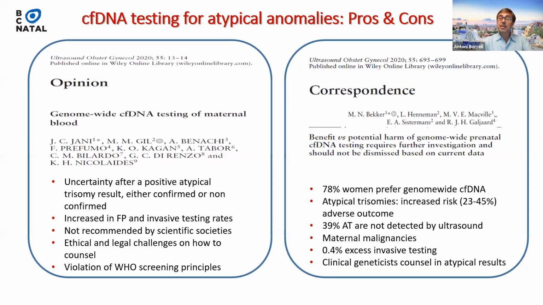That 39% of the atypical trisomies cannot be detected by ultrasound. That genome-wide cell-free DNA can detect some maternal malignancies, and that excessive invasive testing is not as much as for other tests, only 0.4%. And finally, that they confine this result to be delivered only by clinical geneticists.